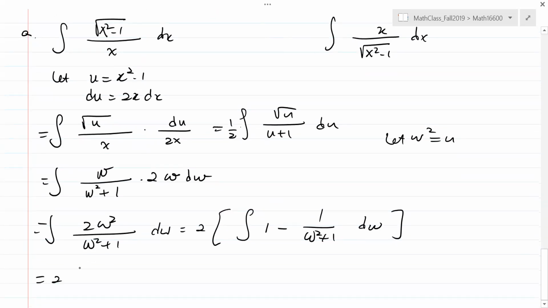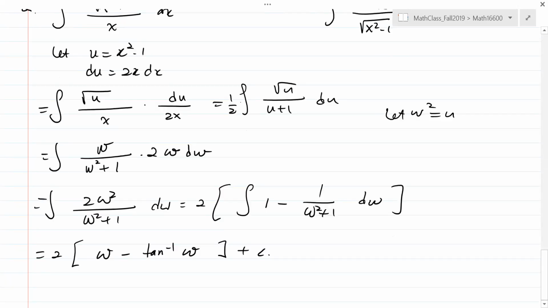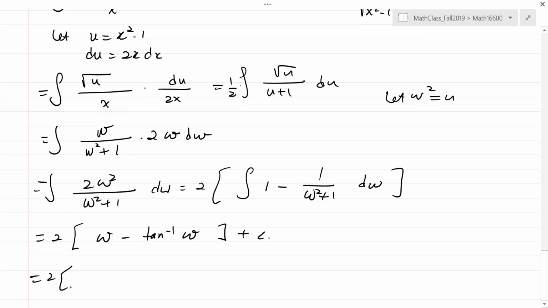So you get the integral of w minus, what is that? Arctangent w. Right, inverse of tangent. The derivative of inverse tangent x is going to be 1 over x squared plus 1. Okay, so now you have to go back, right? We get rid of the integral symbol right now. So what is w? w is the square root of u.